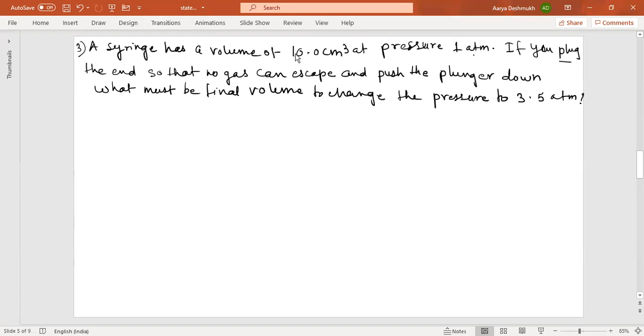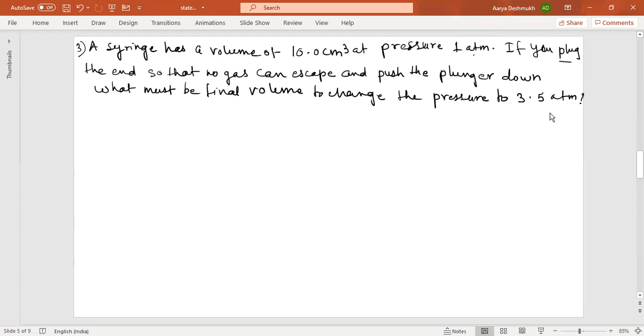So what is given here? Volume is given, pressure is given, and what you are supposed to find out is the final volume when the pressure is changed to 3.5 atmosphere. This pressure is going to be changed from 1 to 3.5 atmosphere.